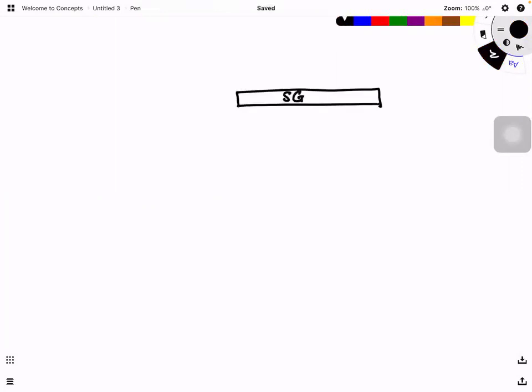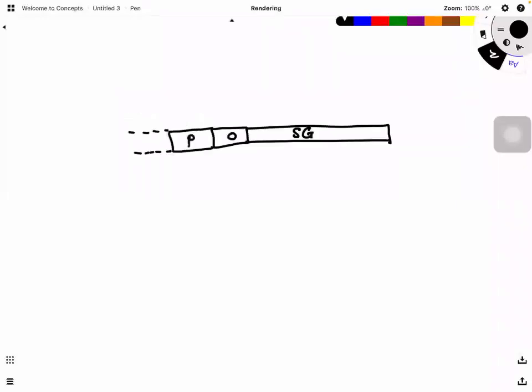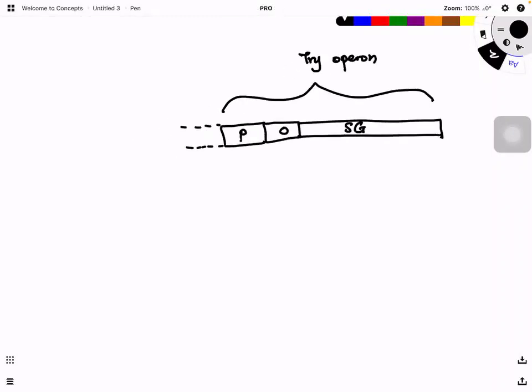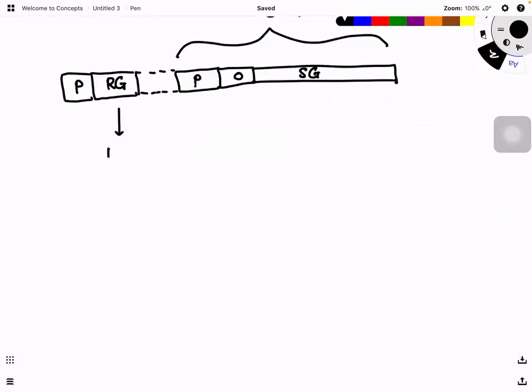And then we have the operator and the promoter. Distant from this tryptophan operon, you have the regulatory gene and also its promoter. From the regulatory gene, you always get the mRNA, and you always get the repressor protein.